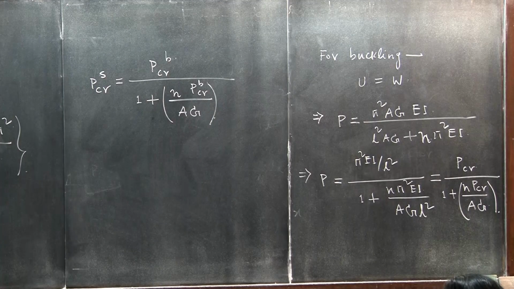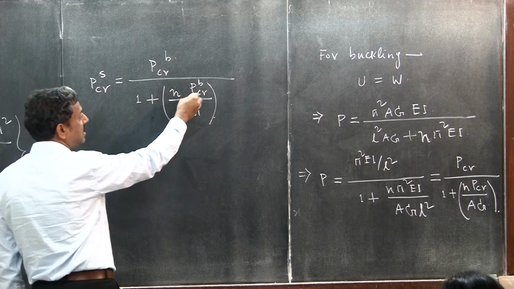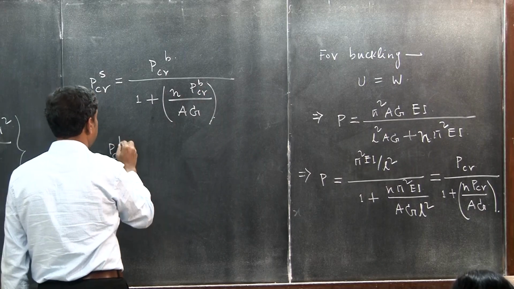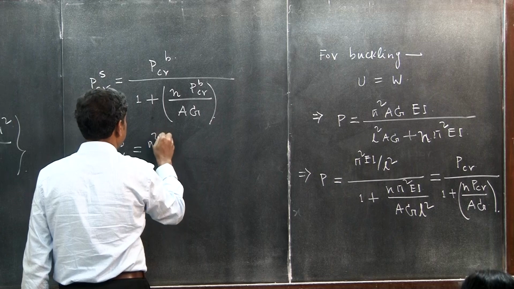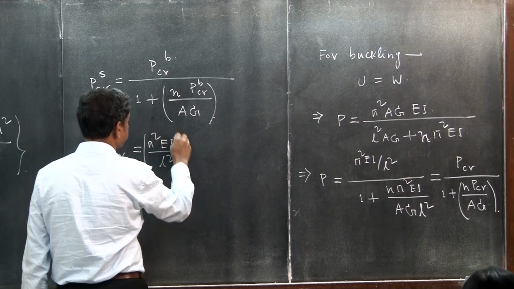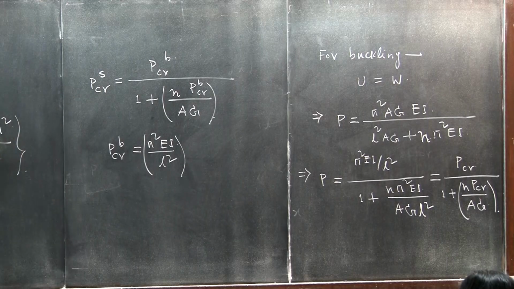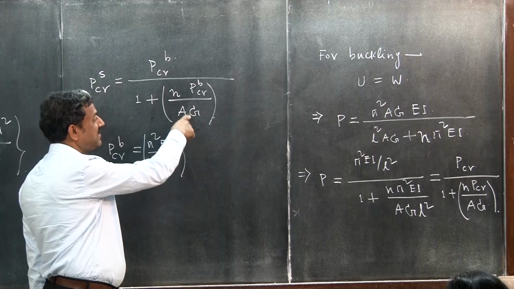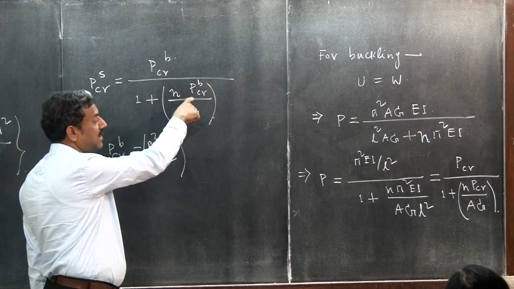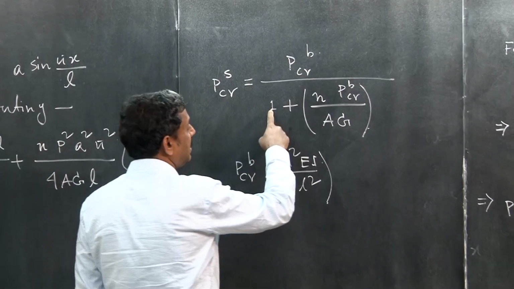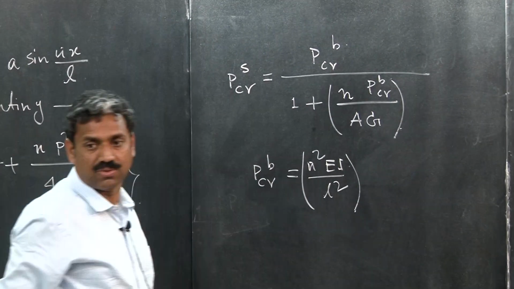You see dimension, this is also a dimensionless quantity because P critical bending was nothing but pi square EI by L square, critical load, okay. So A into G has the same dimension as force, right, the unit is the same, so it is a dimensionless quantity, right. So 1 plus some number. So you see this denominator is always greater than 1, right.